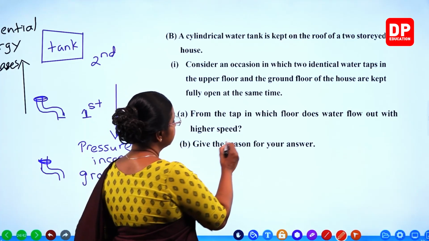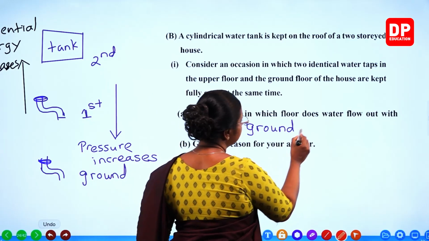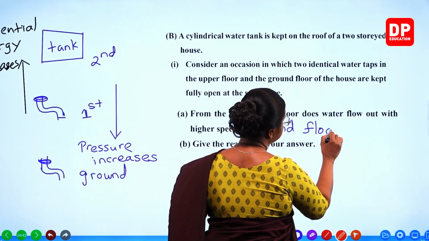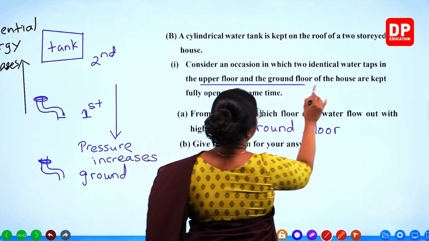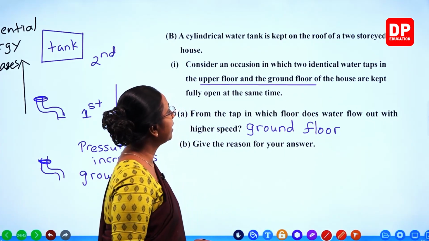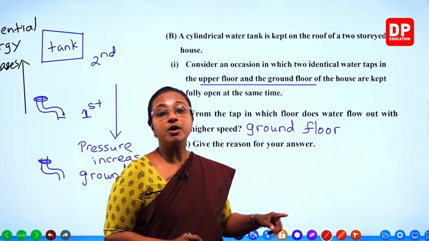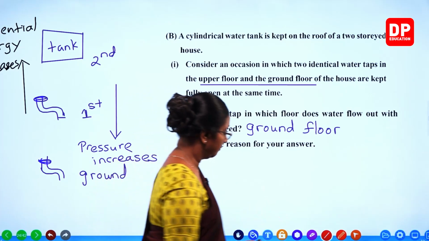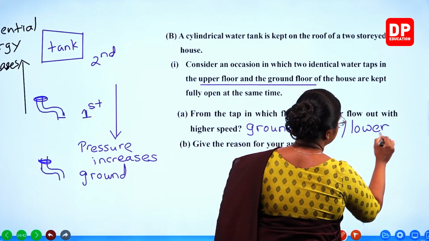So, there we can say ground floor. It is the ground floor. So here, of course, in the question you can see they have given it as upper floor and the ground floor. So we can write it as ground floor, or you can write it as lower floor. That is also fine.